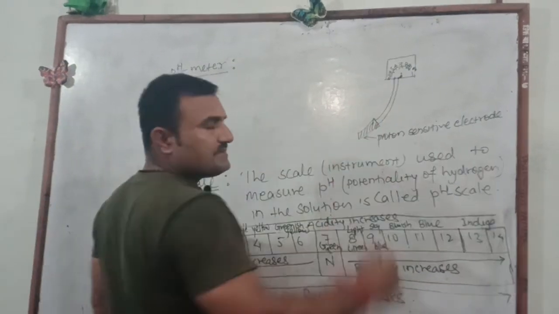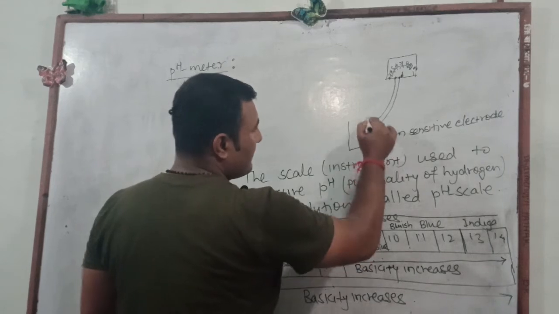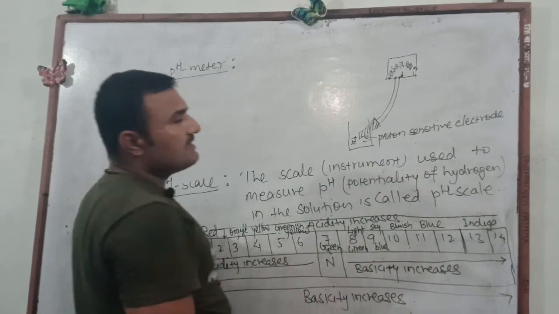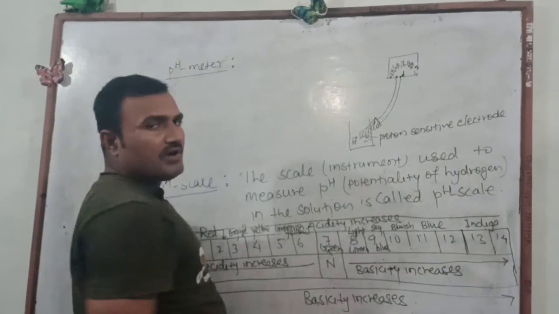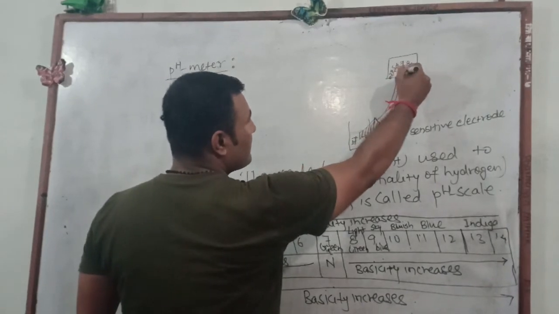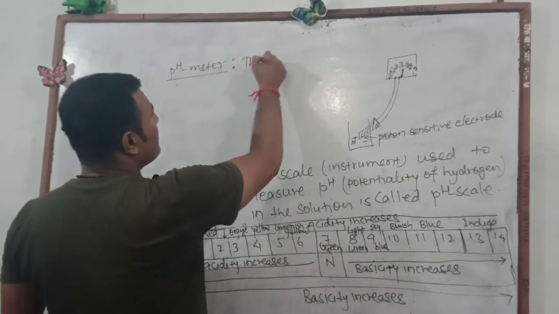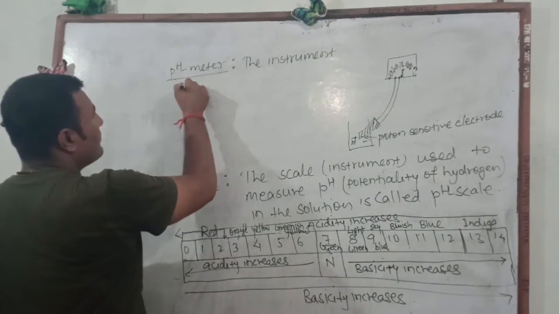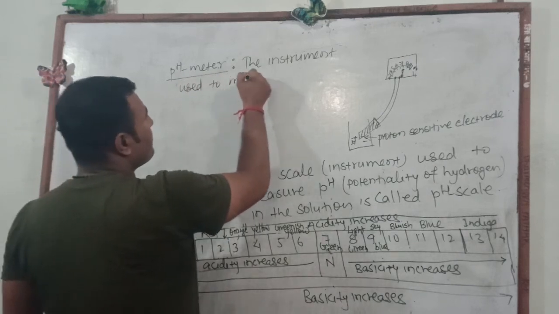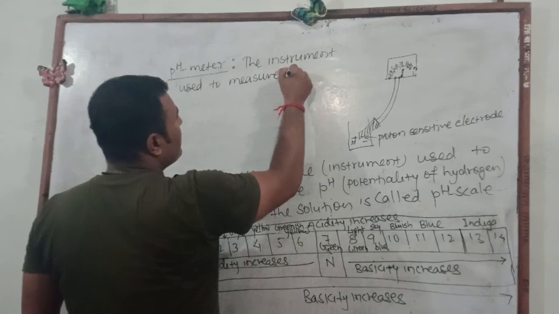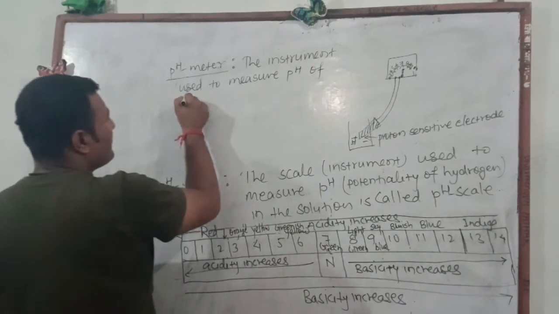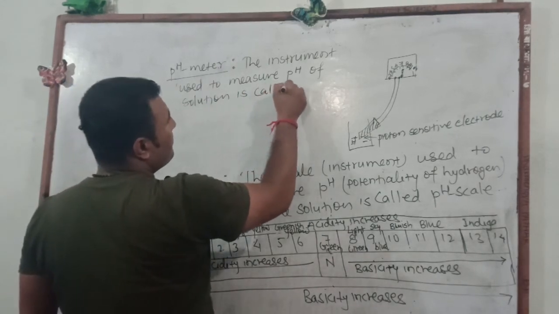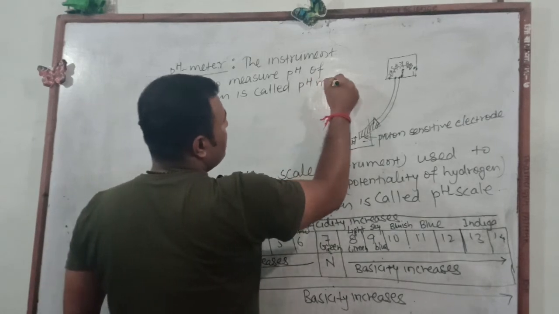And when it is kept in a solution, like any chemical solution, how many protons are found in it, what is the concentration of protons found, that is indicated here by the needle. And here we write: the instrument used to measure the pH of a solution is called a pH meter.